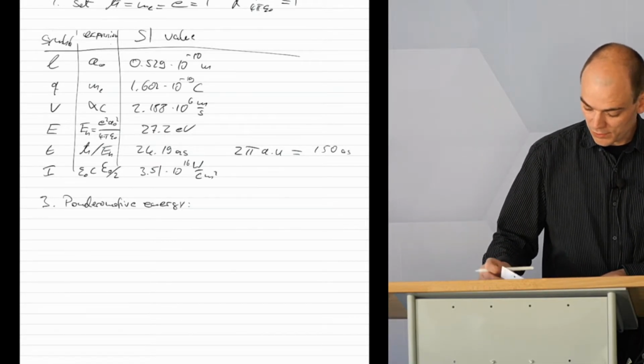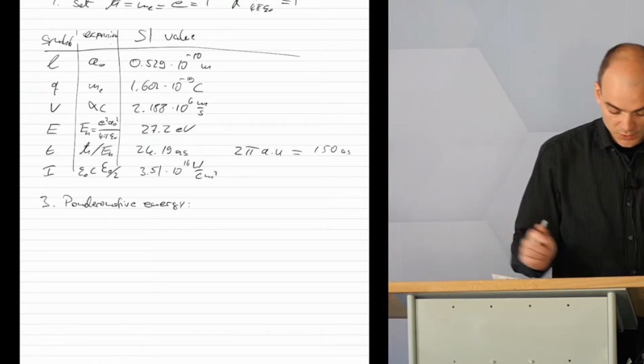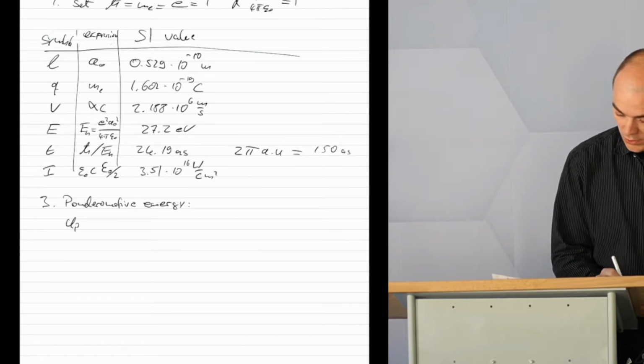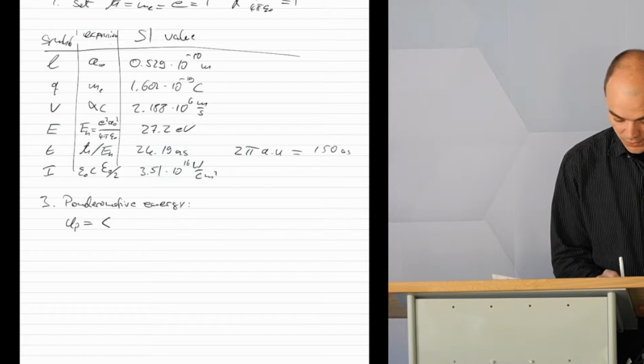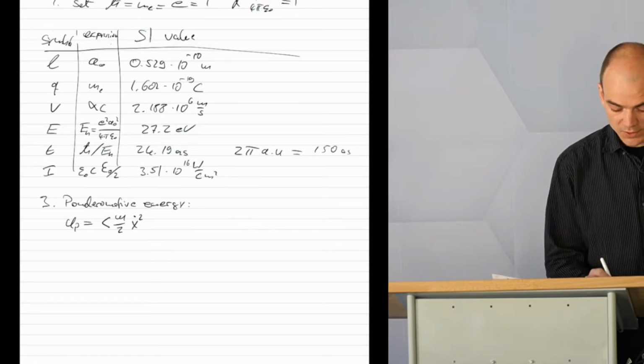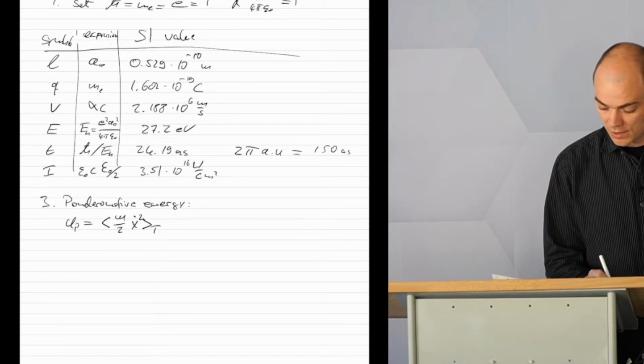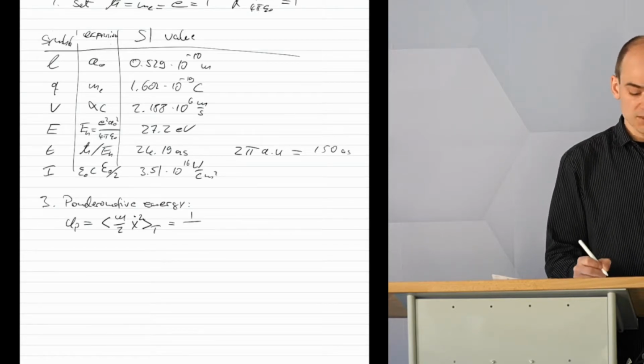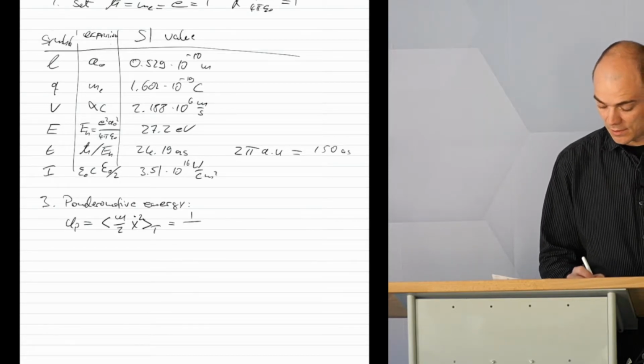So I'm not writing this out, but the formula is, of course, U_P equals the average over an optical cycle. This is the velocity of the electron, and so any constant term would be eliminated here.